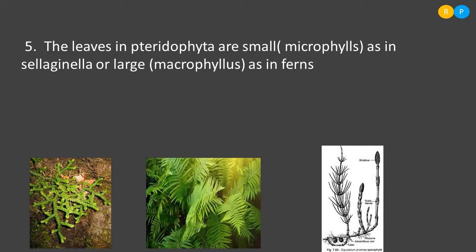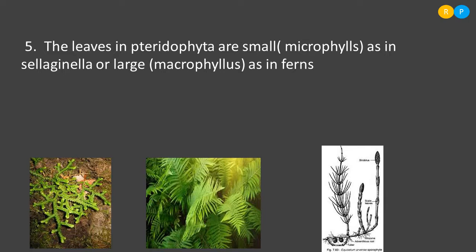So some of the plants show small sized leaves. If the size of the leaf is very small, such leaves are called microphylls. You have to understand the meaning of microphyll here. Micro means small, phyll means leaves. So when the leaves are small in size, they are named microphylls.